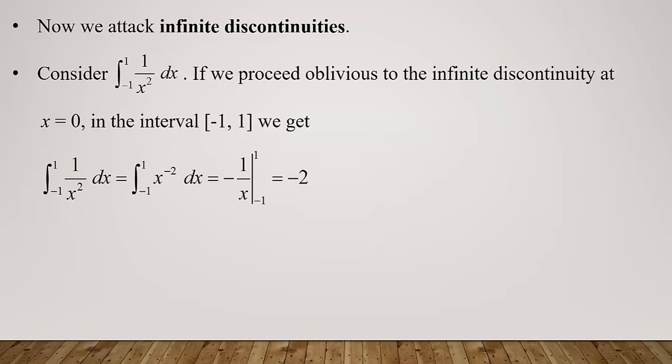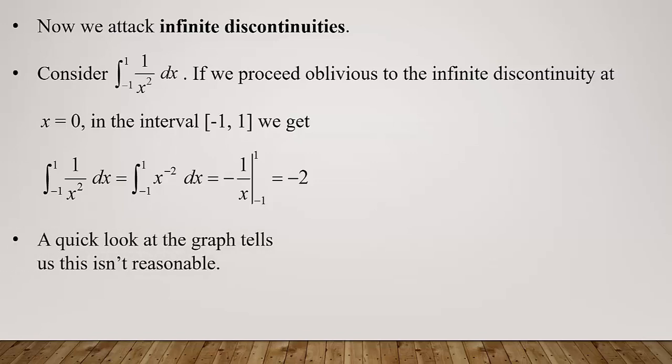We would rewrite 1 over x squared as x to the negative second, and get the antiderivative negative 1 over x. From negative 1 to 1, we'd crank that through the fundamental theorem of calculus, and we'd get negative 2. That's if we proceed completely oblivious that on the interval negative 1 to 1, there's an infinite discontinuity at x equals 0.